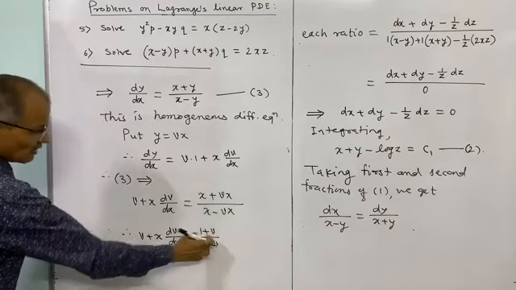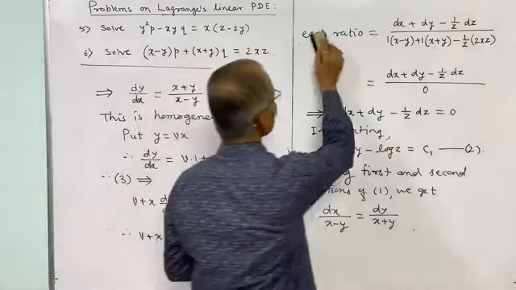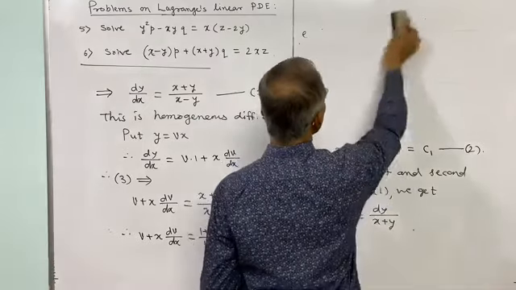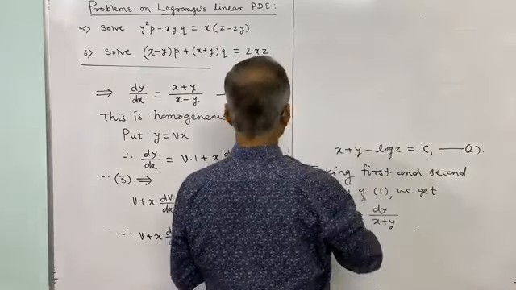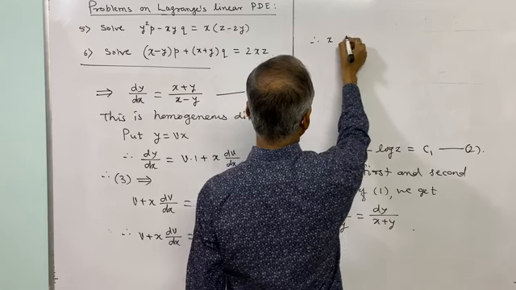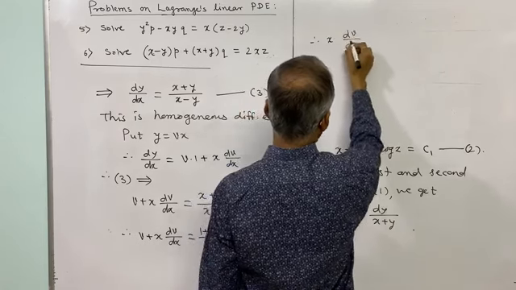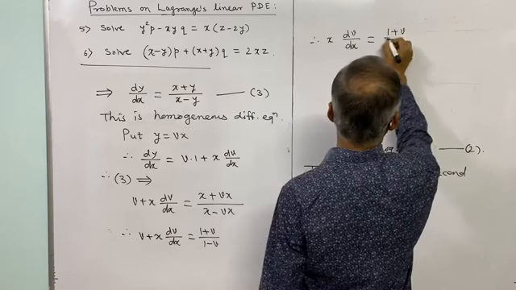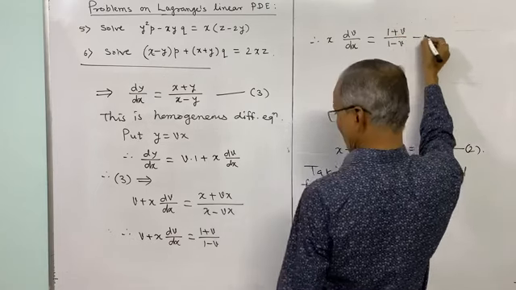Now we shift this v on the right side, and that gives x into dv by dx is equal to (1 plus v) divided by (1 minus v) minus v.